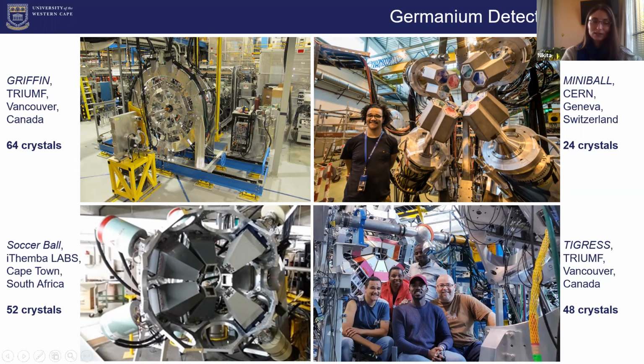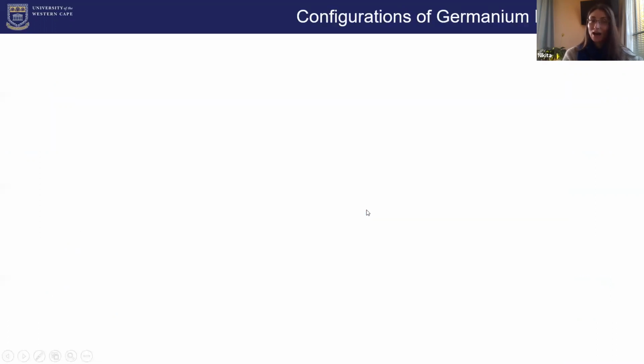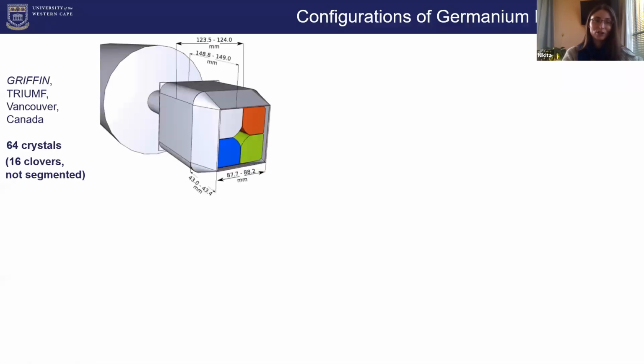So let's look a little bit more in detail at how those different detectors are arranged, or the different configurations. Starting with the most simple type, the Clover type detector. You can see here we have 4 crystals that are arranged in a clover shape, a lucky clover.